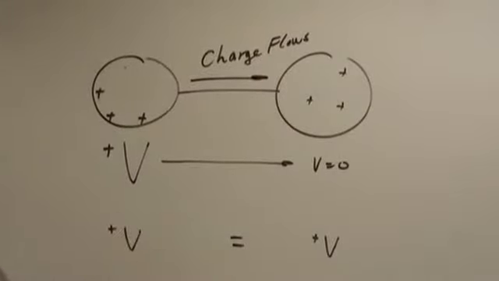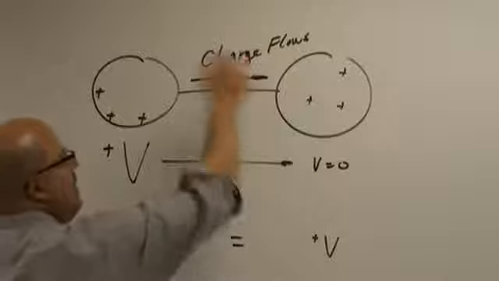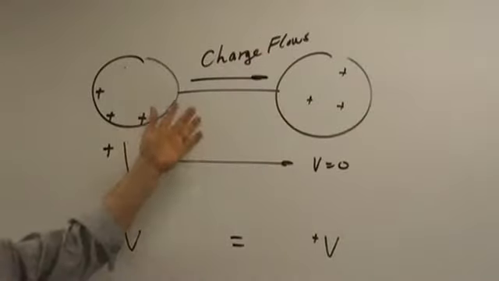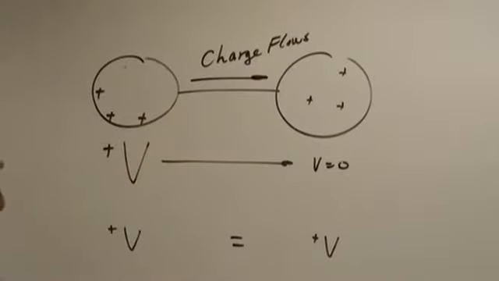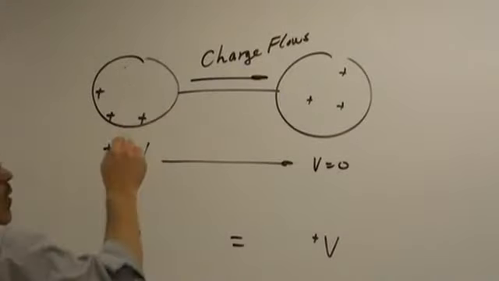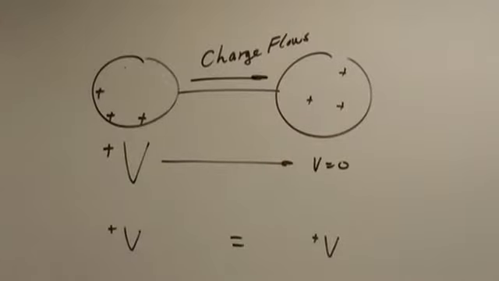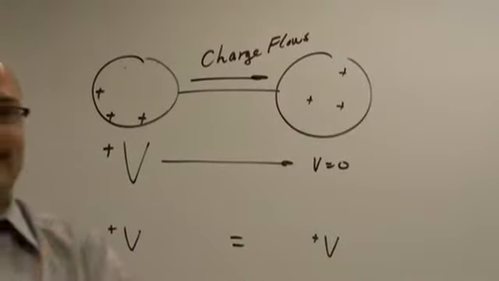How do we keep this going and going and going? Because I want this charge to keep flowing. The only way to make it happen is to maintain one side at a higher potential than the other. Because remember, the equilibrium condition is when the potential is the same, it stops.